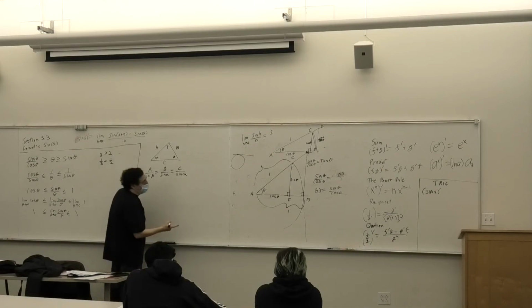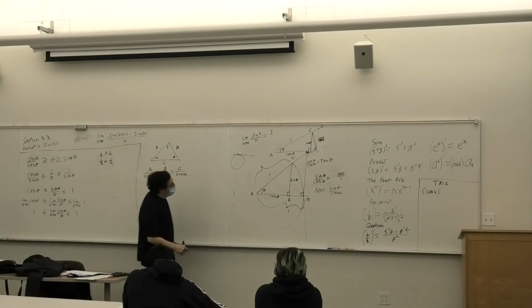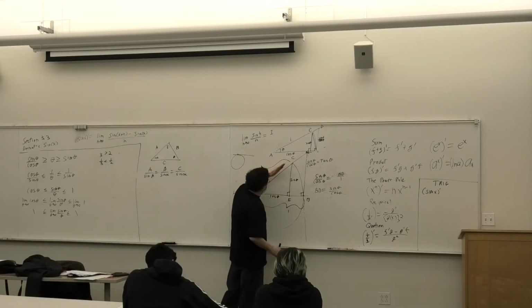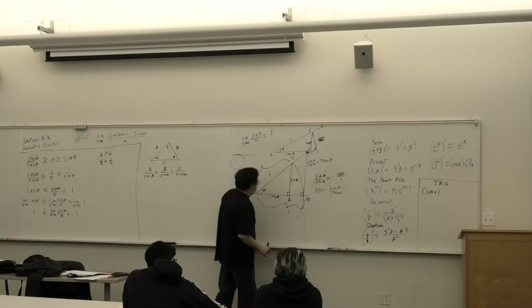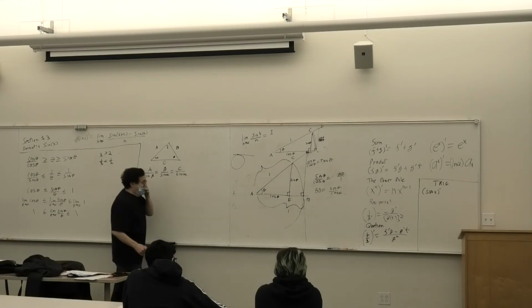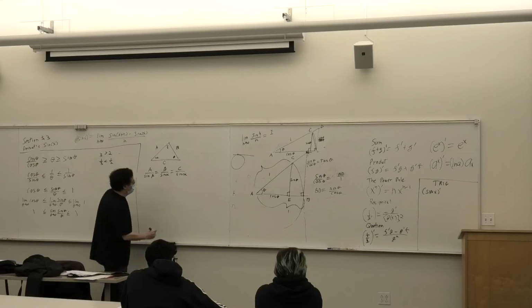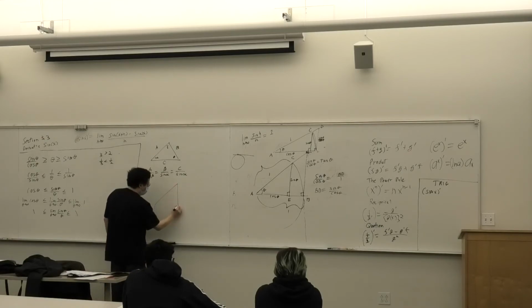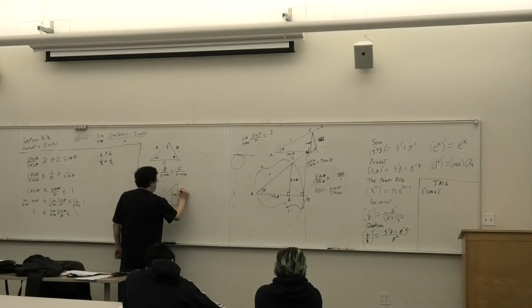Now, which triangles do you want to look at? The right triangles, right? So this is theta, sine theta, cosine theta, sine theta over cosine theta.